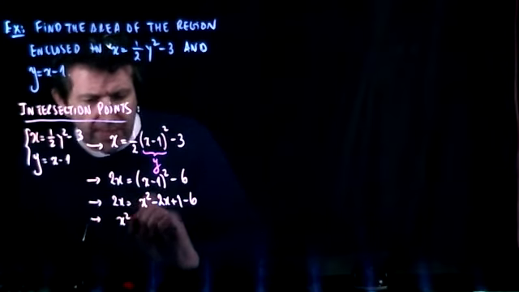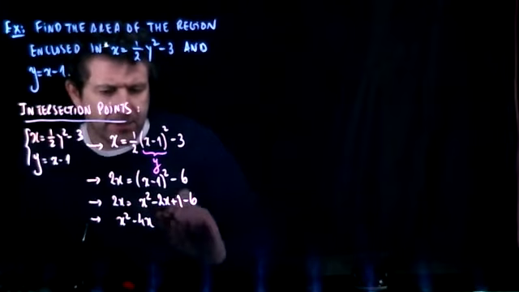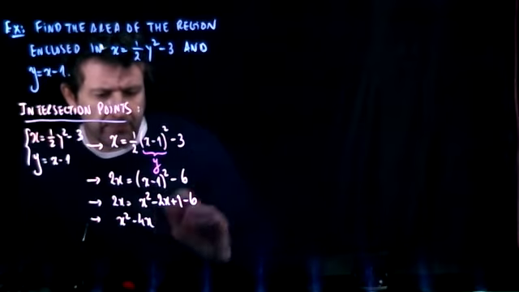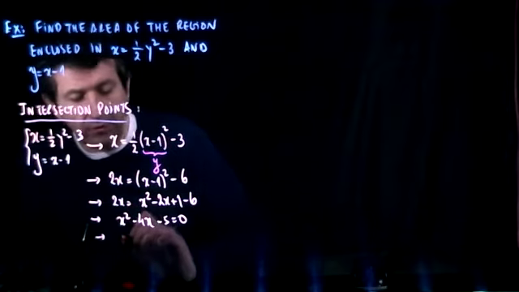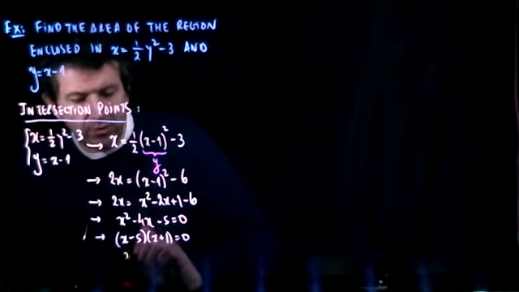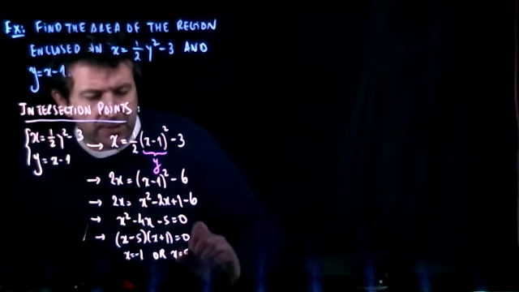And so x² minus 4x minus 5 is equal to 0, and therefore (x minus 5)(x plus 1) is 0, which means that either x is negative 1 or x is 5.